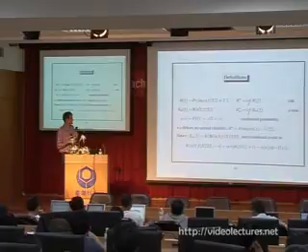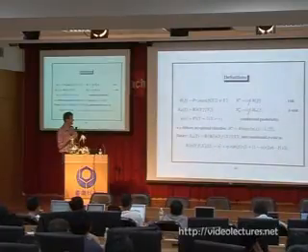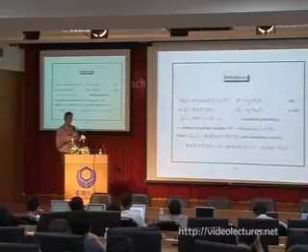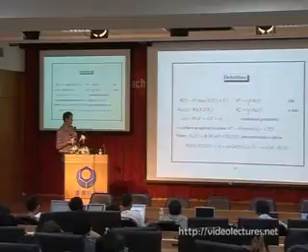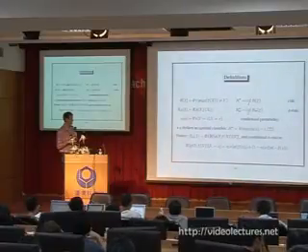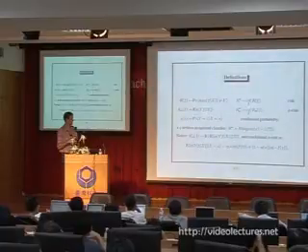A crucial decomposition in what we do is to rewrite this expectation as the expectation of a conditional expectation. We can write this as the expectation over x of the conditional expectation of phi of y times f of x given x.